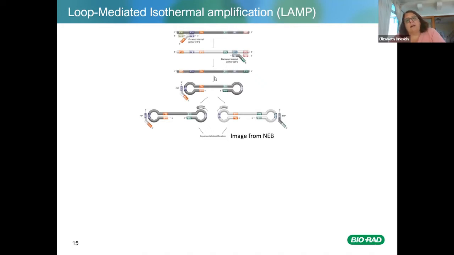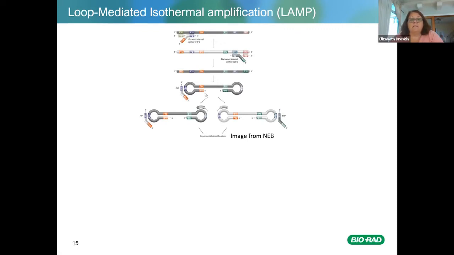I've taken this schematic from NEB, which shows that LAMP requires 4 to 6 primers. These primers have incorporated a complementary section so that they will end up forming a dumbbell-like structure once they've been incorporated into the product, and also a DNA polymerase, which is strand displacing.